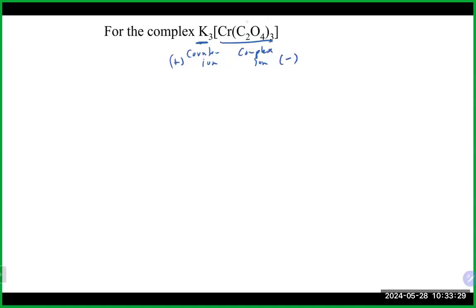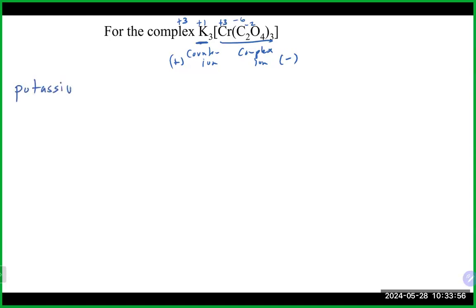So we'll start here with oxygen -2. And there's 3 of them, which gives you a -6. The potassium is +1, and there's 3 of them, gives you a +3. So in this case here, the chromium is going to be +3 to balance it out to 0. In terms of the name, we could start with just the counter ion, which would be potassium.